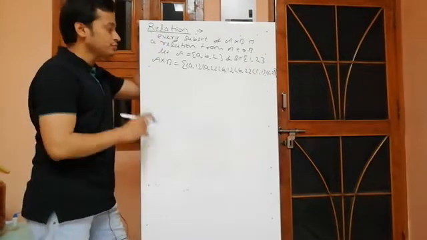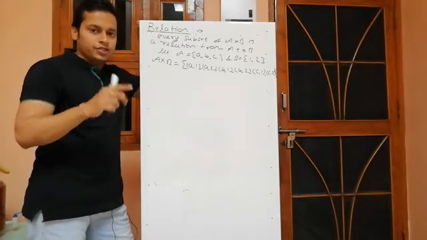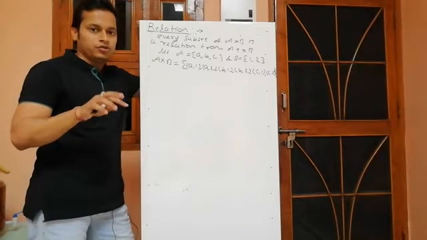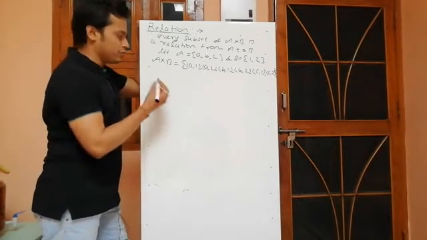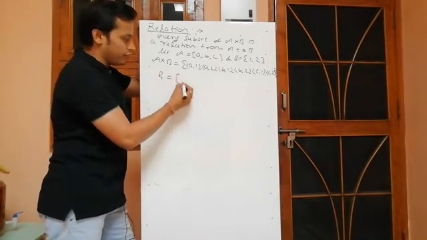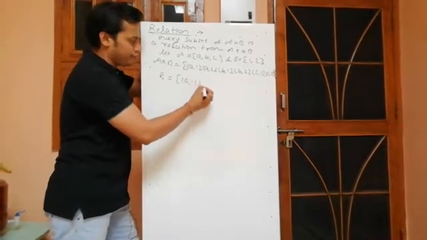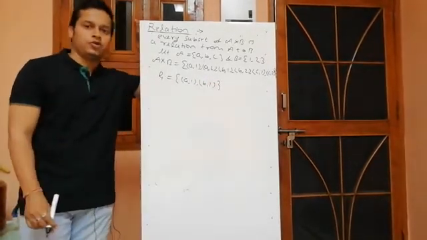Now if you want to check whether any given thing is a relation or not, just check whether it is a subset of A cross B or not. Suppose I take R1 as {(a,1), (b,1)}.